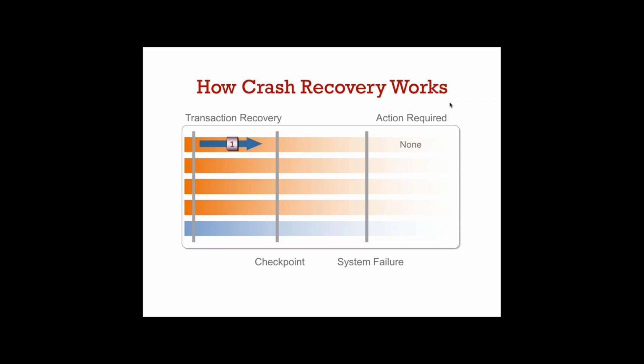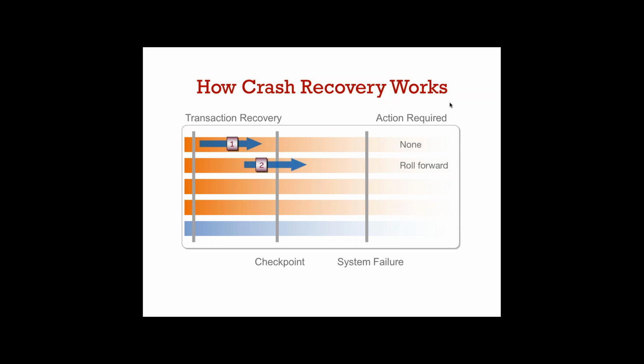Imagine a transaction that commits before checkpoint. Because it already committed before checkpoint, at checkpoint SQL Server will have persisted those records on disk, or in the data file. Now, if a transaction has gone past checkpoint and the database crashes for whatever reason, SQL Server, upon reading the log file, will look at transaction number 2 and ask the question, was this transaction committed?